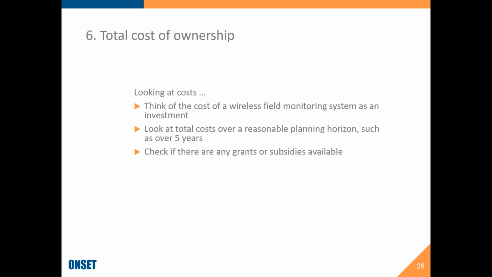Look at it as an investment rather than just a cost, and look at it over some sort of planning horizon, such as 5 years, which is a typical planning horizon if you're a grower. So you want to look at the total cost over that time.